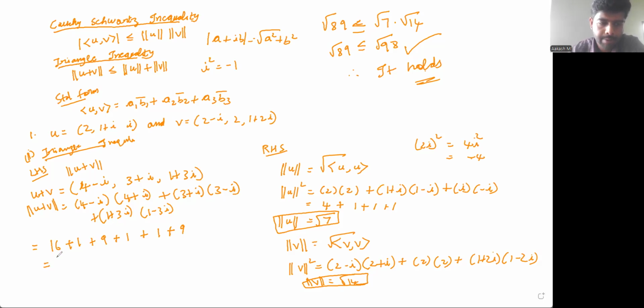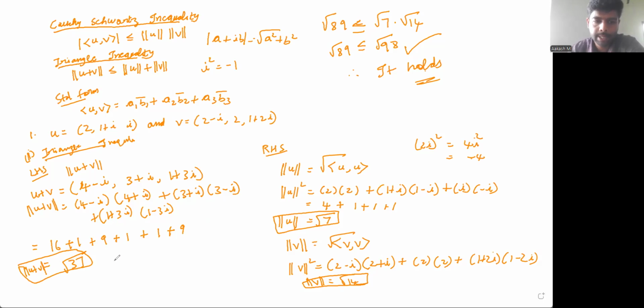So you add everything: 16 plus 1, 17, plus 9, 26, 27, 28, 37, root 37. Norm of u plus v is equal to root 37.